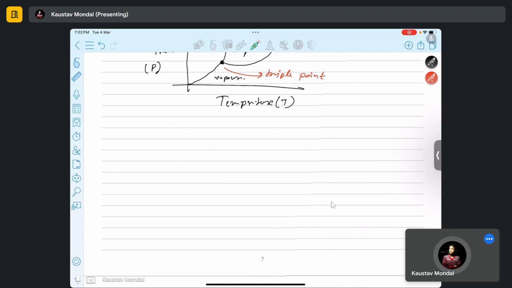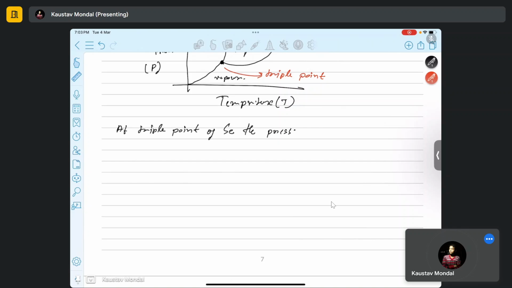So as you know, at the triple point of selenium, the pressure and temperature of the solid and liquid phase will be the same, right?